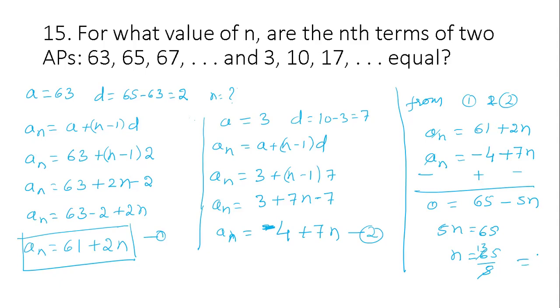N is equal to 13. For N is equal to 13, these values are equal. For N is equal to 13, two APs are equal. N is equal to 13 is the answer.